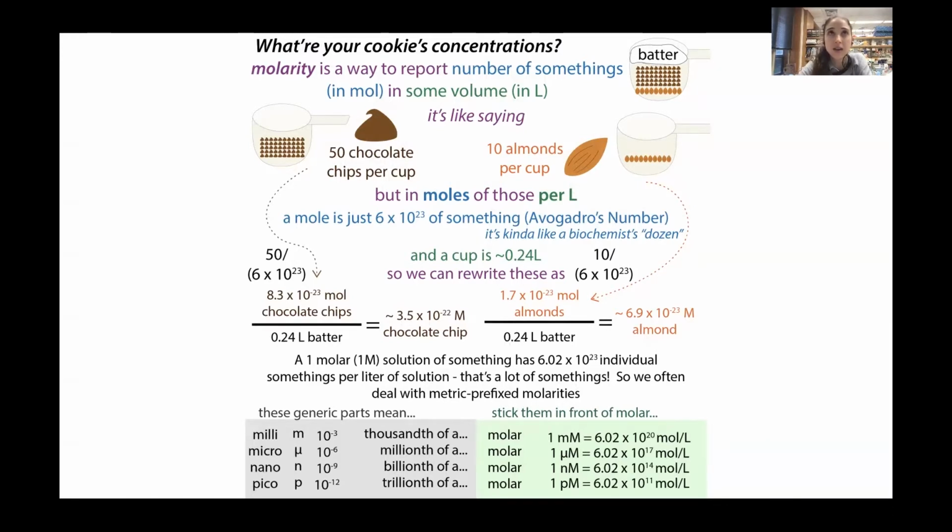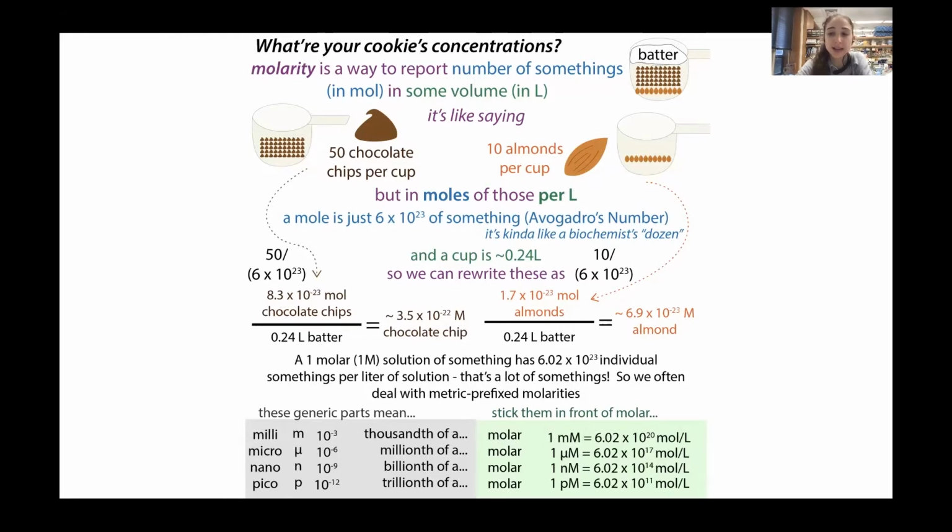And even though they're large quantities, they're large quantities of really, really tiny things, so they come in really handy, because we're not just talking about single molecules floating around. We're talking about lots and lots of molecules floating around. So molarity is a measure of concentration that tells us how many of those molecules are floating around per liter of a solution.